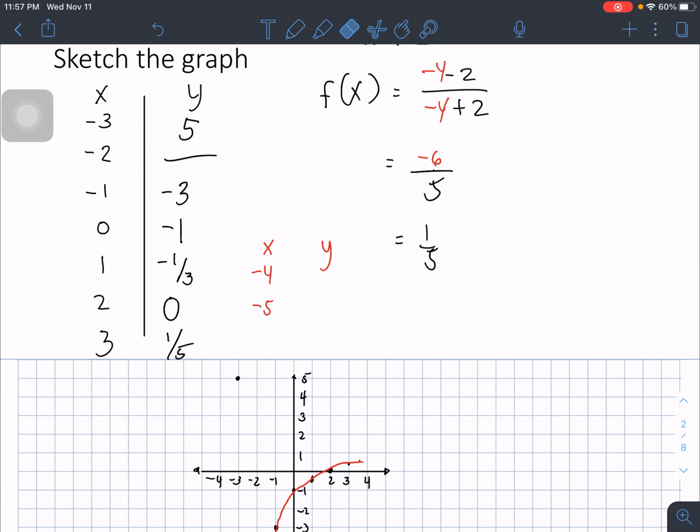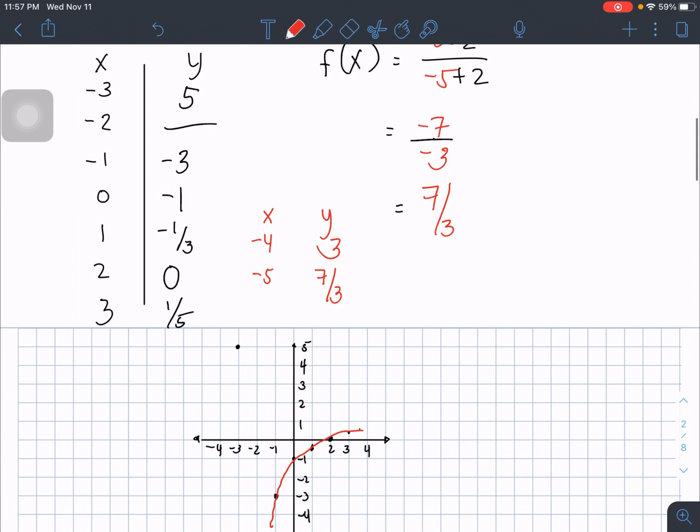Negative 4 plus 2 is negative 2. So negative 6 over negative 2 will be equal to 3. Okay, so we'll be having 3. If x is negative 5, we will be having negative 7 over negative 3. Okay, so this will be 7 over 3.